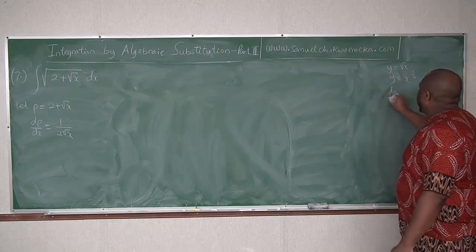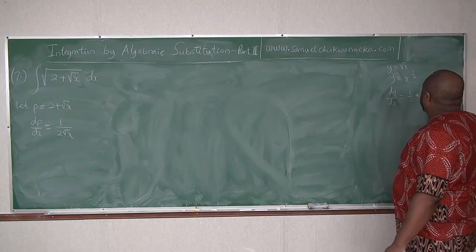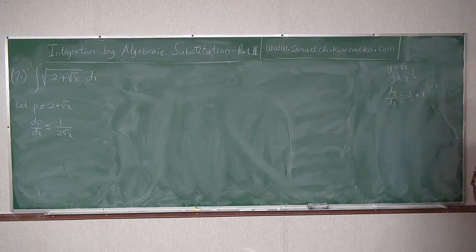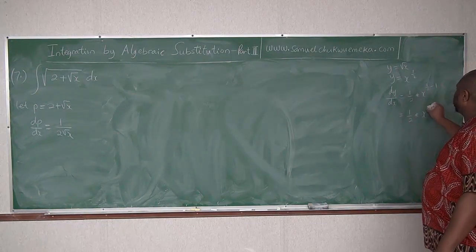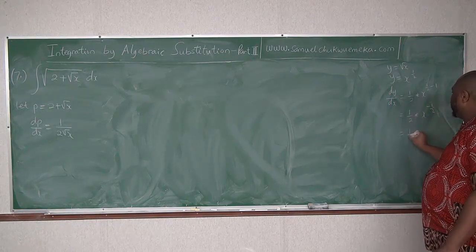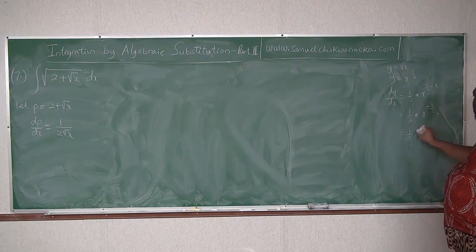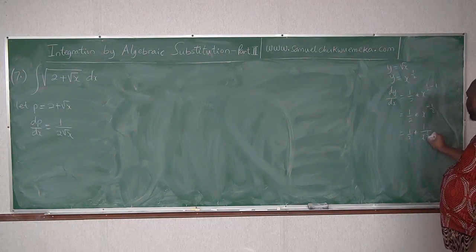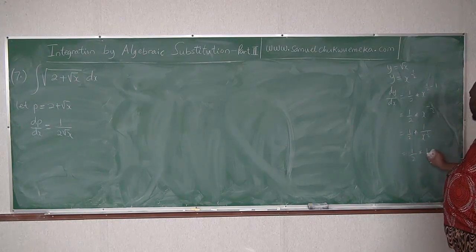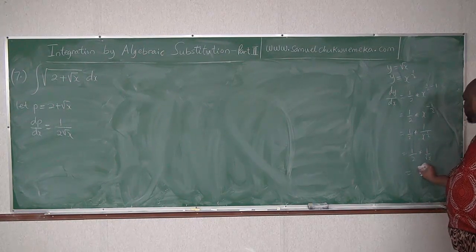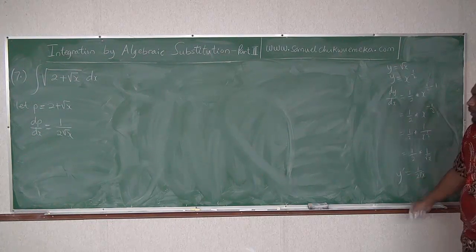So dy/dx, y prime, is 1 over 2 times x to the 1/2 minus 1, which is 1 over 2 times x exponent negative half, which is 1 over 2 times 1 over root x, which is 1 over 2 root x. That's the y prime.